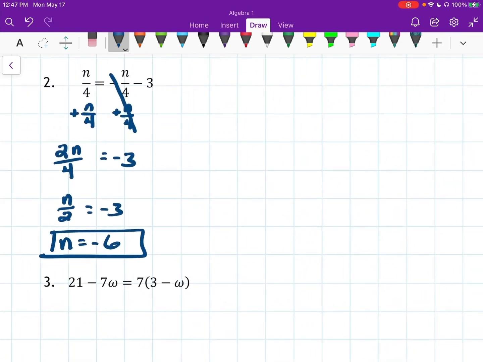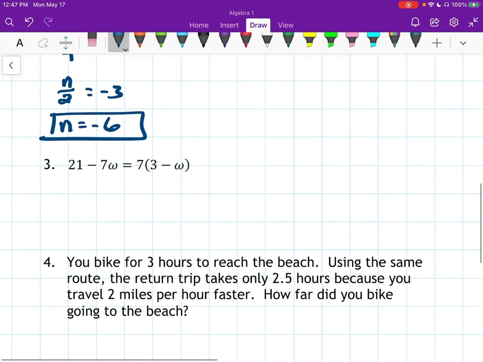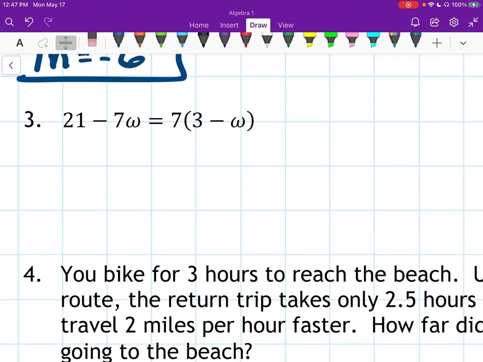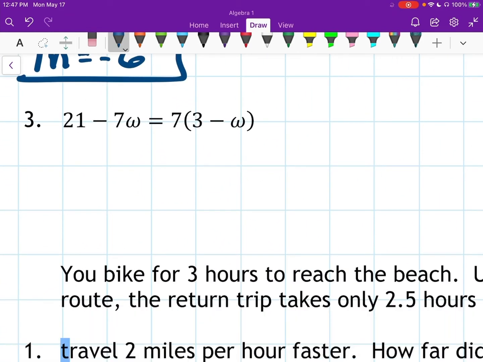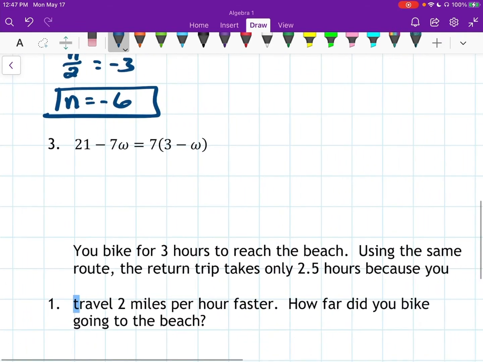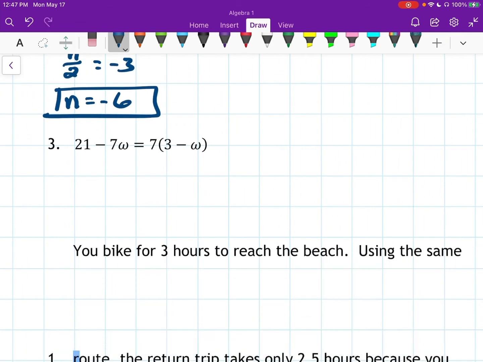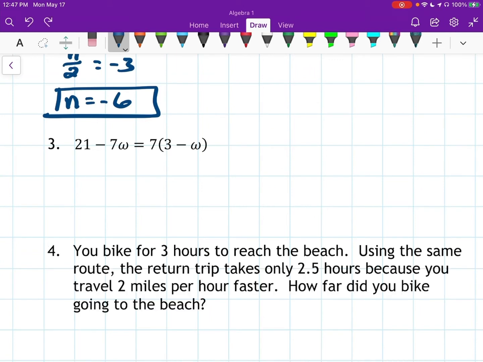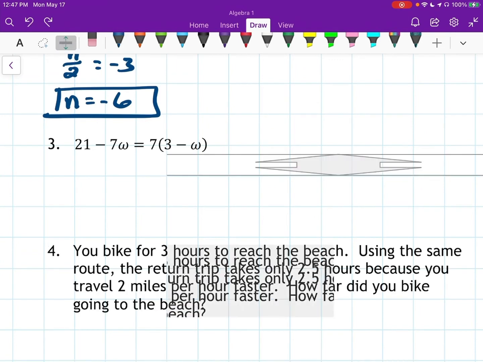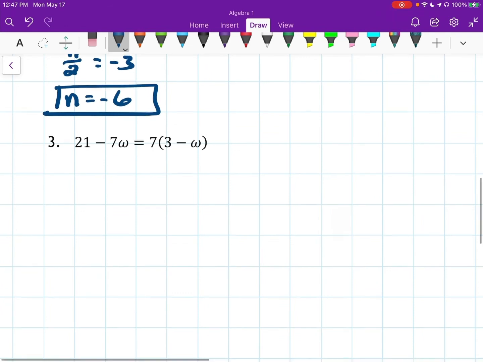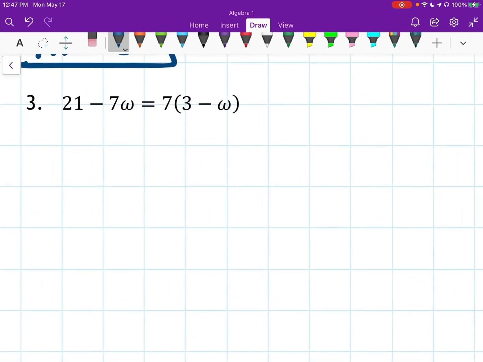Alrighty. Next up, number 3. Here, I've got that 7 on the right side that I need to distribute.